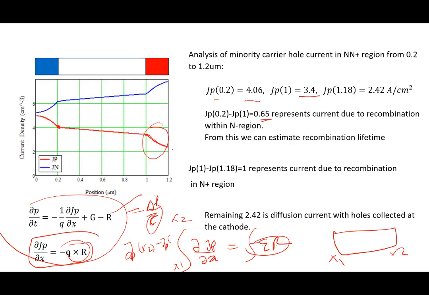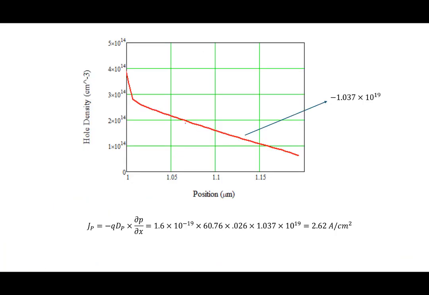What is happening to the current here? To understand this particular region, look at the carrier density in this region, see that it's linear, and keep in mind that the minority carrier current is predominantly diffusive. The drift component of minority carrier current is negligible. That makes the whole analysis much simpler.